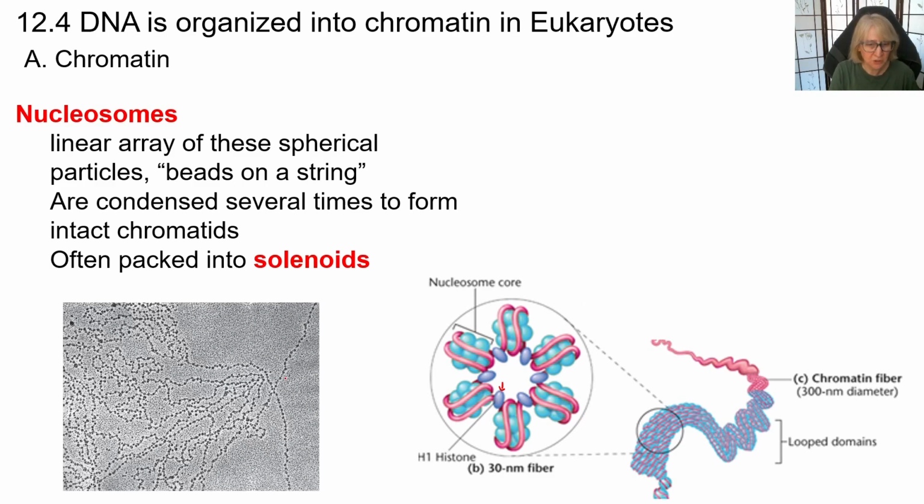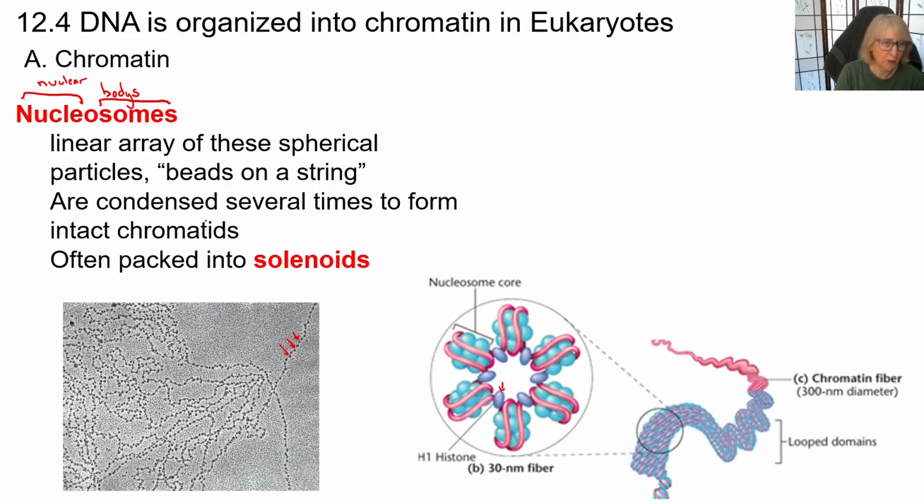Those beads on a string, we looked at them at the end of lecture 11 as well. These little beads on the string are called nucleosomes, or inside the nucleus, nuclear bodies. Chromosomes are colorful bodies.